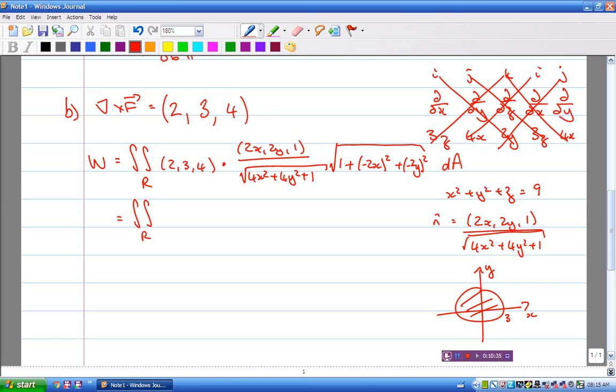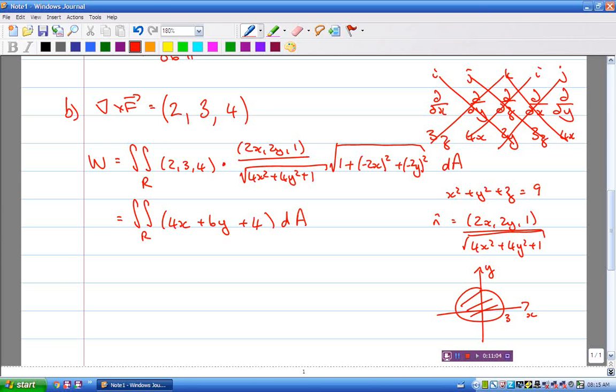That's nice. Let me actually carry out the dot product: 4x plus 6y plus 4, dA. Okay, cool. Now I can integrate. My integrand is a fairly dull linear integrand, but my region is a disk.